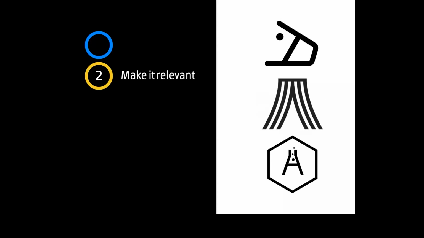Make it relevant. Any logo you design must be appropriate for the business it identifies. I found it very interesting that I found 3 logos with the letter A, and with small details, they were able to convey the industry that the logo identifies. You could see a horse for Archer Stables.